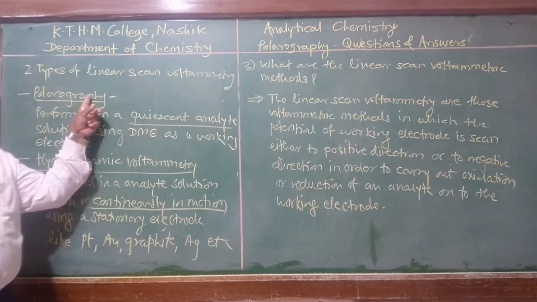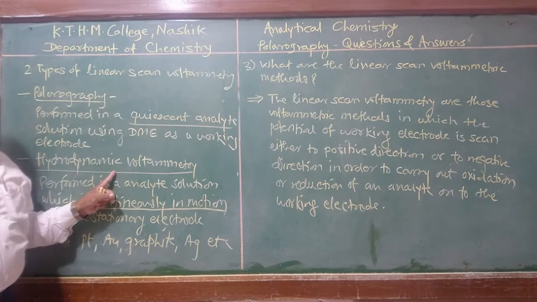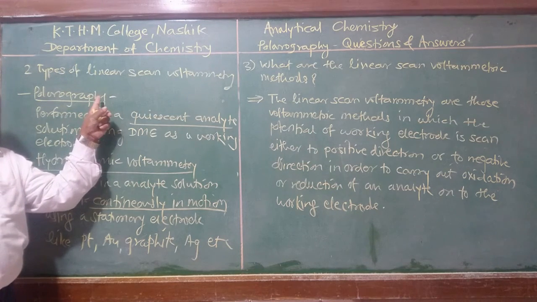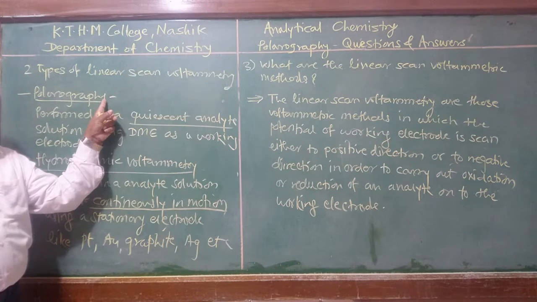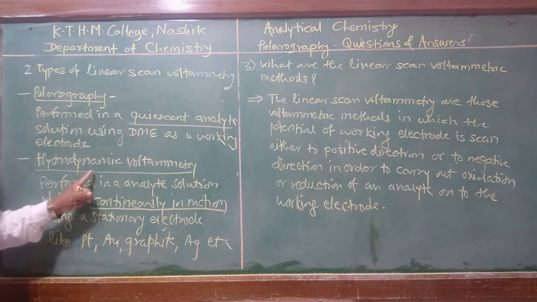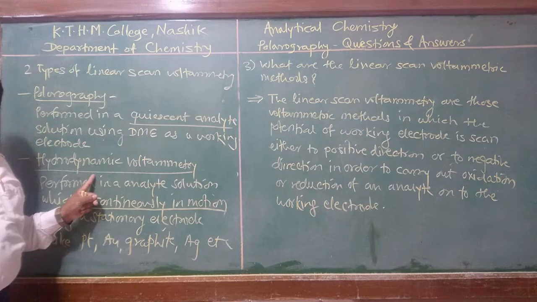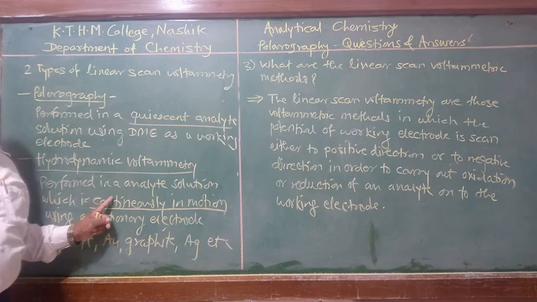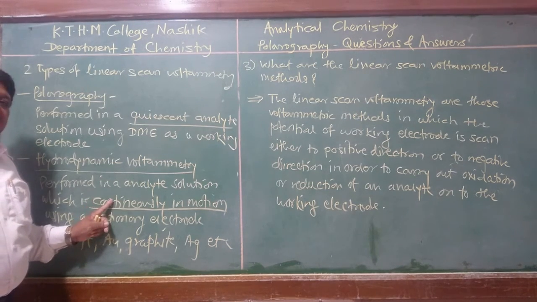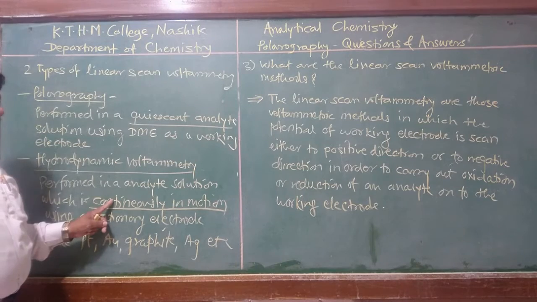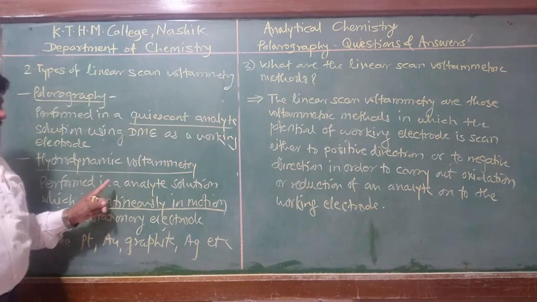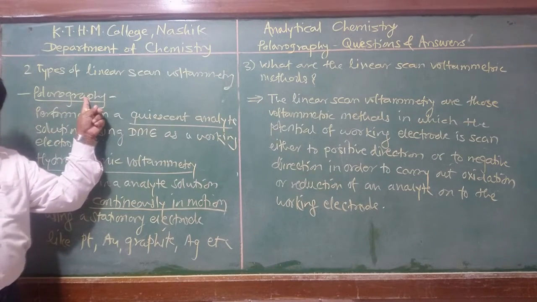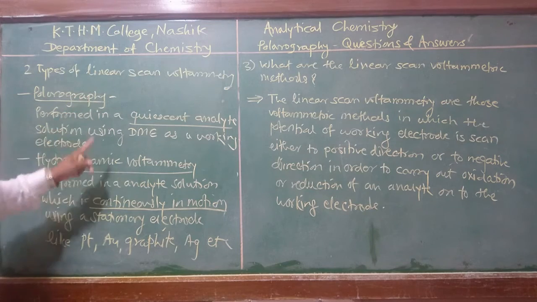In polarography, analyte species are transported to the electrode surface by diffusion, while in hydrodynamic voltammetry, analyte species are transported by convection. That means the solution is continuously stirred and analyte species are transported by mechanical means. Therefore, convection current is measured in hydrodynamic voltammetry and diffusion current is measured in polarography. This is the basic difference between polarography and hydrodynamic voltammetry.